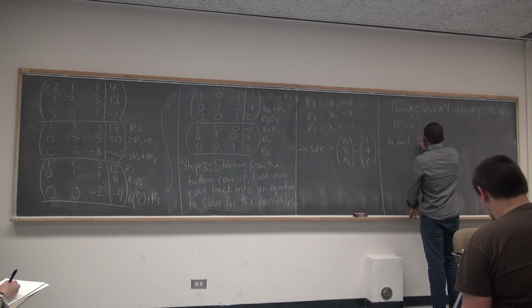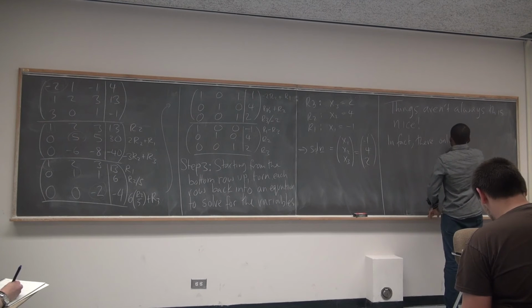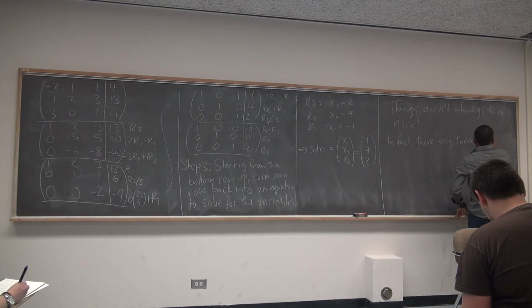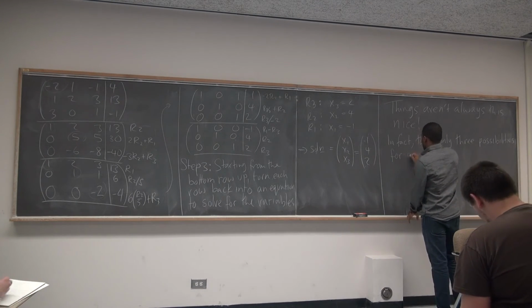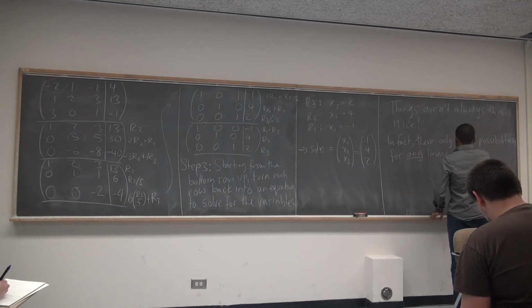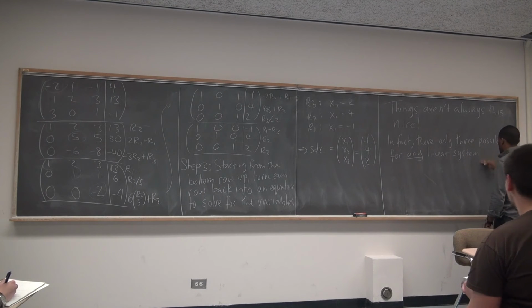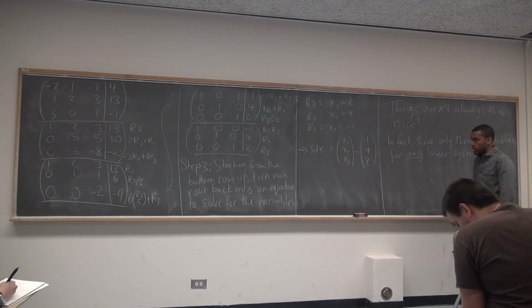In fact, there are only 3 possibilities for any linear system. So there are 3 things you have to look out for, basically. All linear systems, one of 3 things must be true in regards to solution.